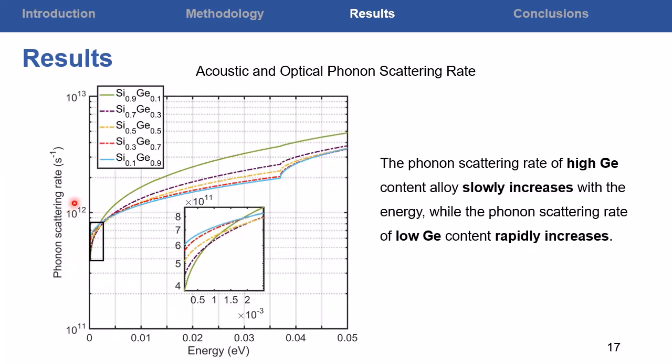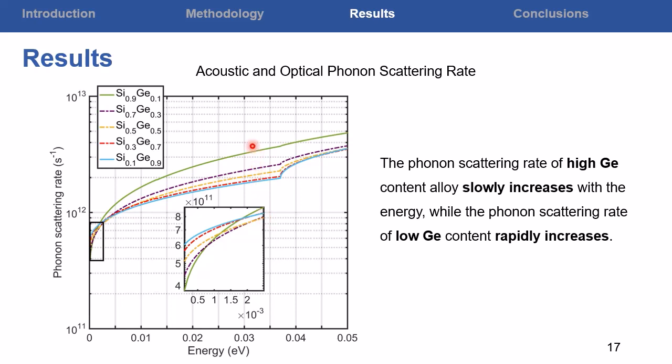Now, observing the phonon scattering rate, which is the sum of the acoustic and optical phonon scattering rates, as a function of the hole energy, we can see that for very low energy, the silicon germanium alloy that has the highest germanium content has also the highest phonon scattering rate.